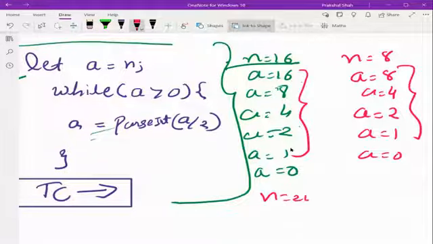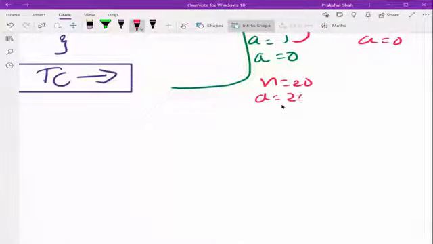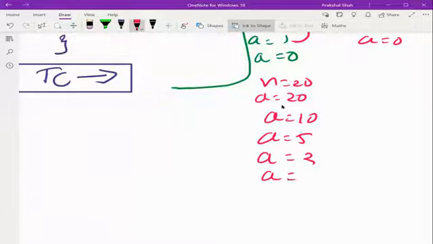For n equals 20, let's say. a equals 20, then it will do half, it will be 10, half again, it will be 5, then half, it will be 2, half, it will be 1, half, 0. Okay, this is what my calculation would be. Yes or no? Right? This is what my logic would look like.